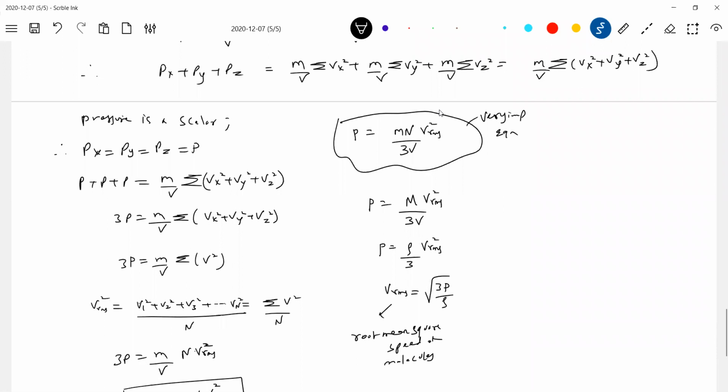Further, this root mean square, can I rewrite it in any other form? I want it in terms of molecular mass and temperature. So we know the ideal gas equation. I think all of you know the ideal gas equation: PV equal to nRT.